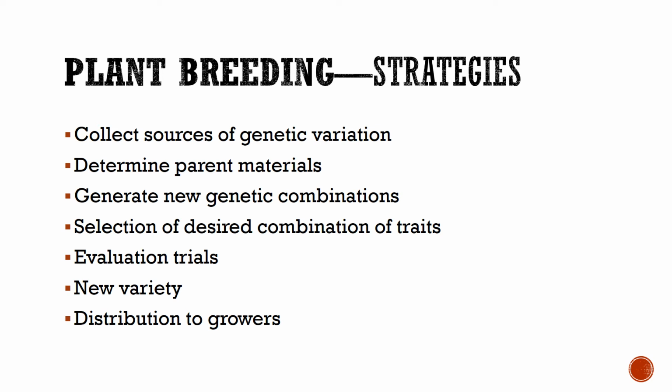We've looked at new genetic combinations. We've looked at the selection of different combinations of traits. Then we've made that evaluation trial, that seed has made it to that new variety that we have named, and that's what you're going to be seeing in the field this fall.